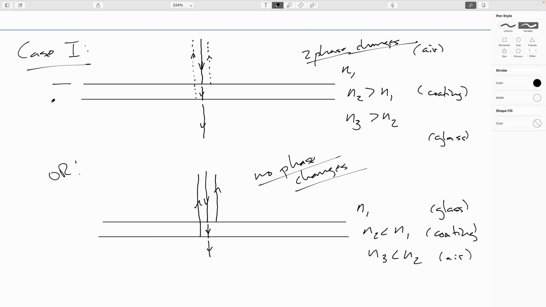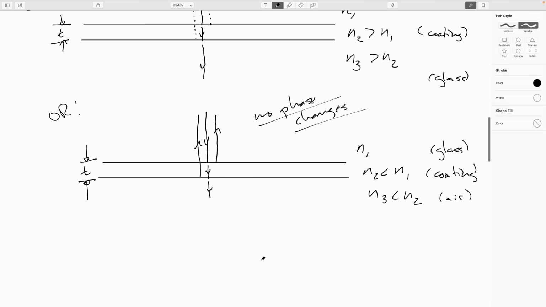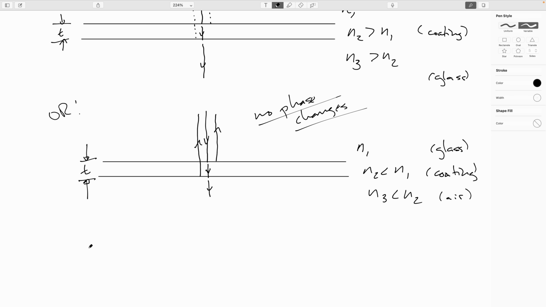So if we say that the thickness of our film is t, if I want to maximize the amount of light that I'm reflecting off at a particular wavelength, that would be looking to get constructive interference. And here the deal is that the extra distance that this light traveled is this bit down and this bit back.